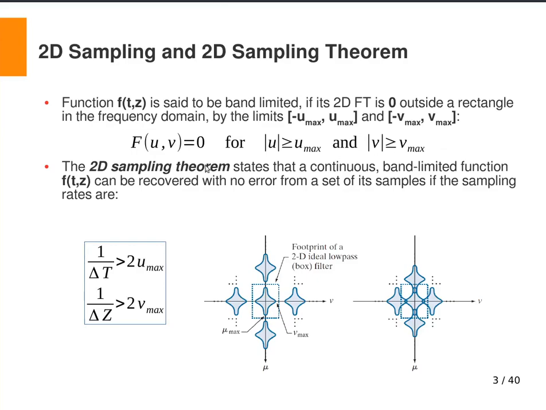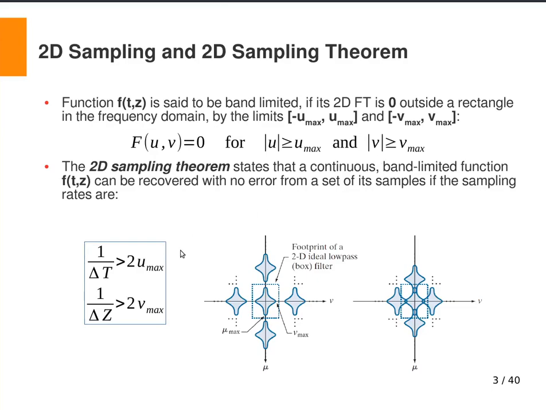In that sense, mathematically, the capital F of u and v, the Fourier transform of the original function, is going to be 0 when u and v are outside this range. For such a function, the 2D sampling theorem states that the continuous band limited function can be recovered without any error from a set of its samples that are captured using a 2D impulse train.